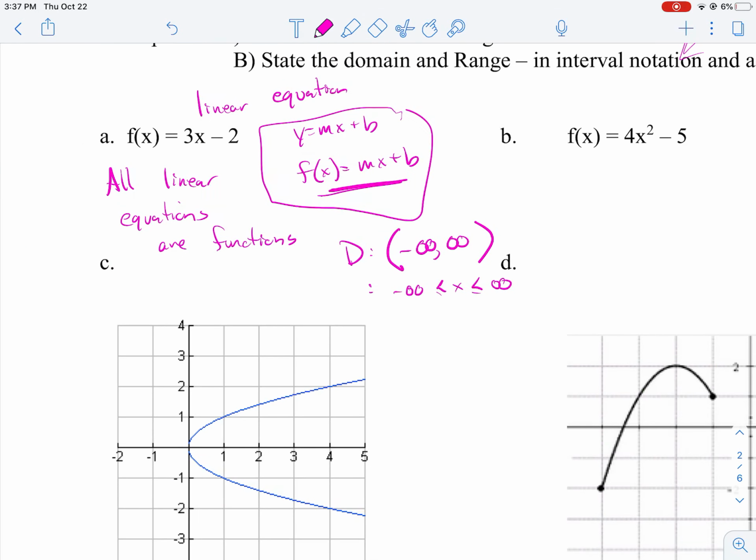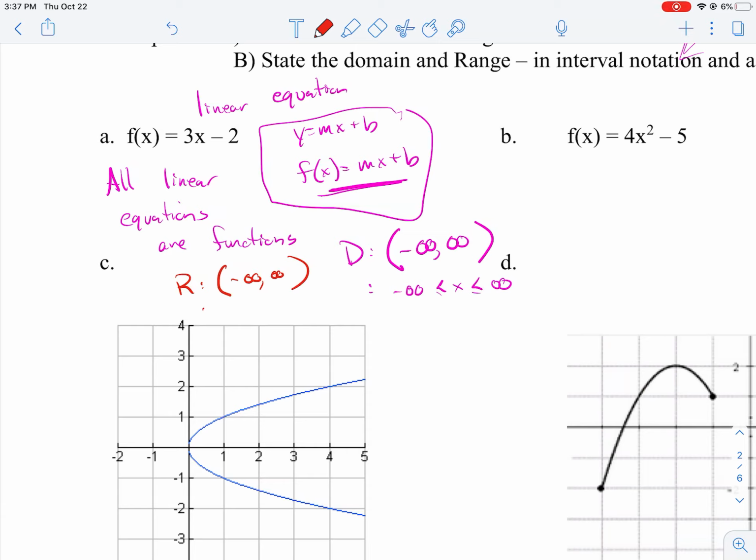Got to come up with the range now. We use a different color. So our range, again, what's nice about linear equations is they just go on forever, right? So we are going to negative infinity the more we go to the left, and we're going to positive infinity the more this graph goes to the right.